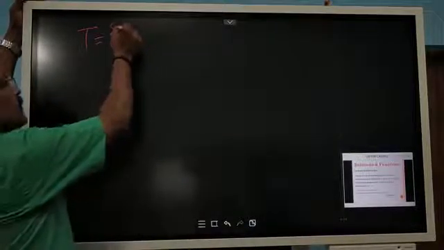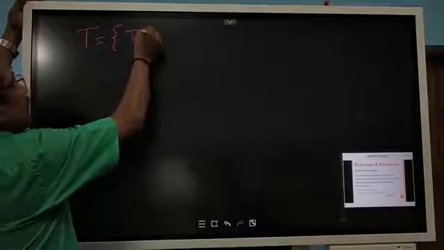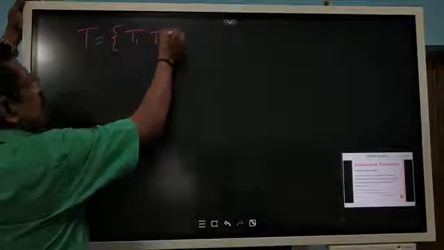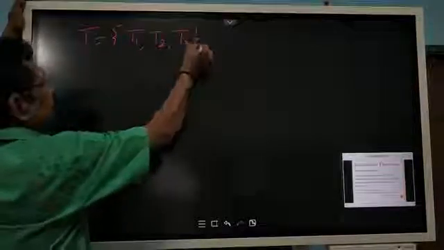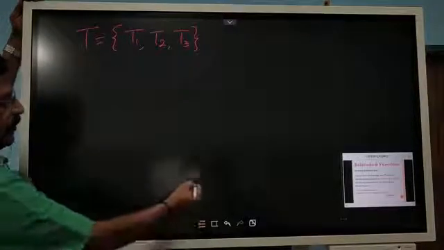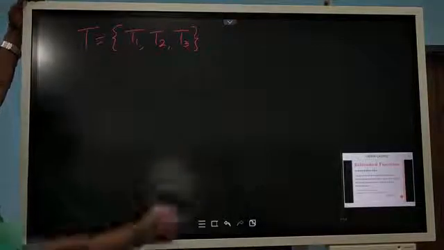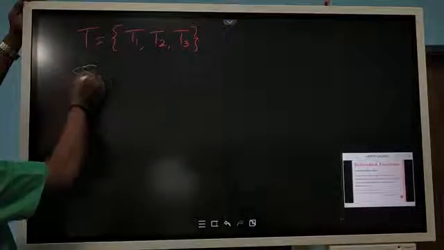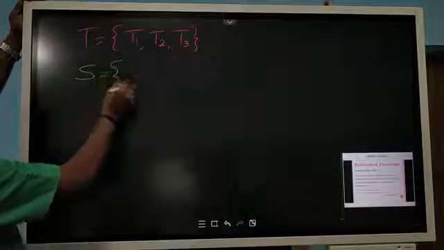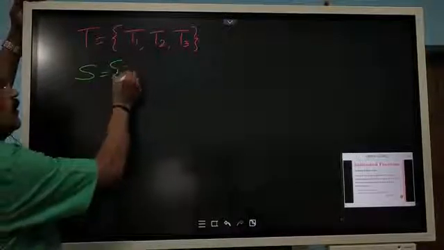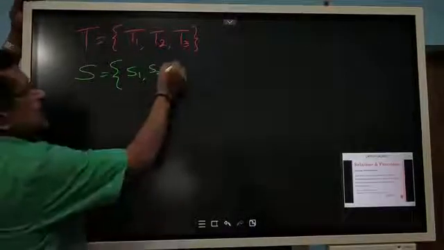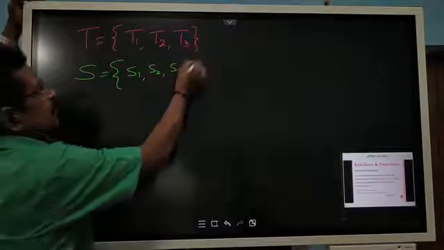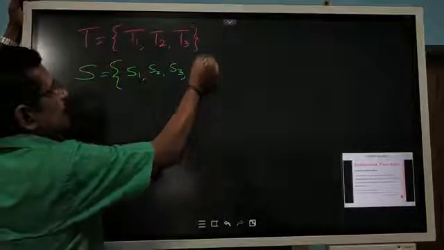The teacher set T contains teacher 1, teacher 2, teacher 3. I am taking the student set S equal to student 1, student 2, student 3, student 4.